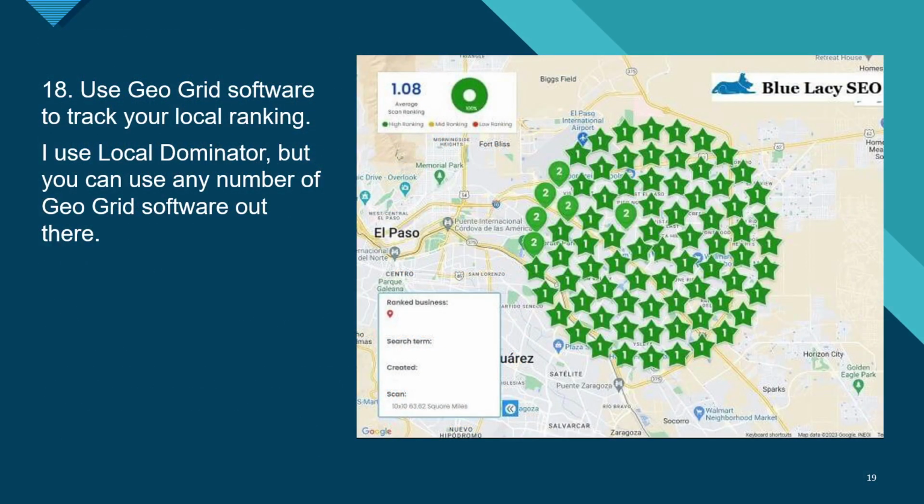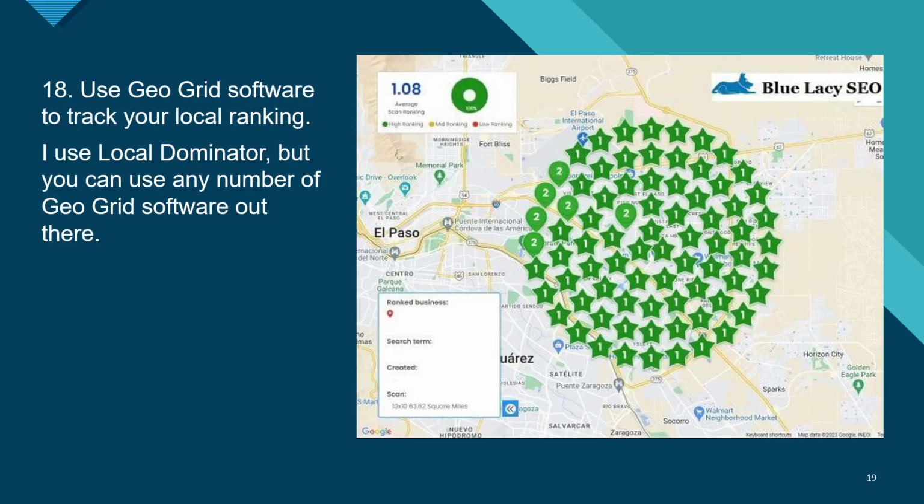Now you're going to need GeoGrid software to track your local rankings, because you're not going to know how you rank in certain areas from your business. We're talking about anywhere from 5 to 10 miles away. 10 miles is starting to stretch a little bit.